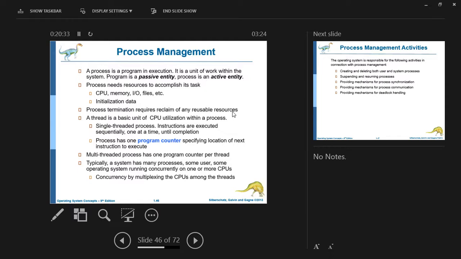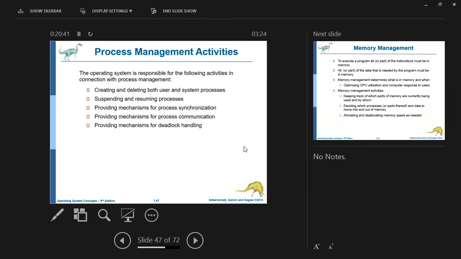Typically, a system has many processes, some user and some operating system, running concurrently on one or more CPUs. Concurrency is achieved by multiplexing the CPUs among the threads. You can run different threads on different CPUs as well, and then some kind of thread synchronization can take place. Of course, all this comes under process management and thread management, right?